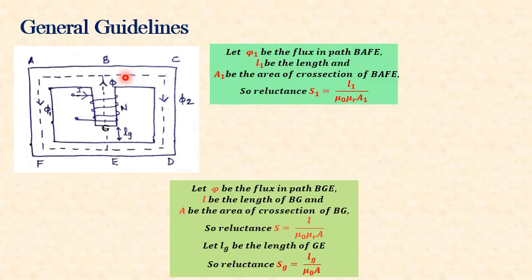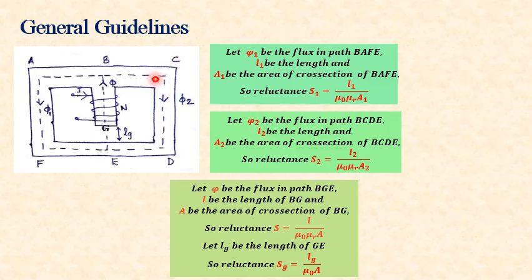Hence, the reluctance S1 of this part is given as S1 equal to L1 by mu 0 mu r into A1. Similarly, if phi 2 is the flux in path BCDE and L2 its length and A2 is the area of cross section, the reluctance of the path S2 is given as S2 equal to L2 by mu 0 mu r into A2.